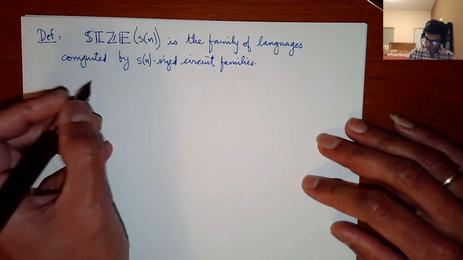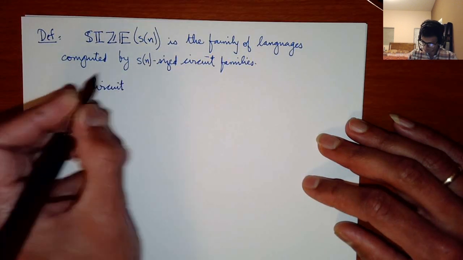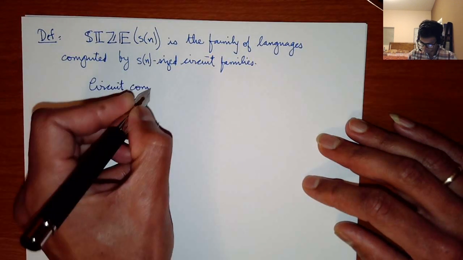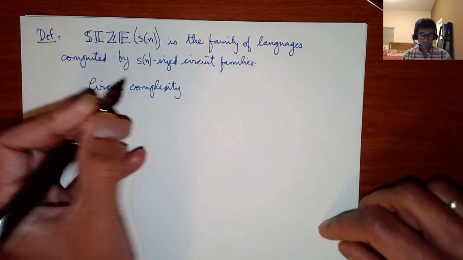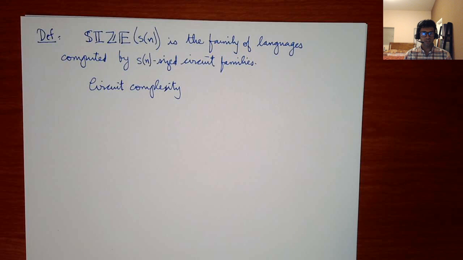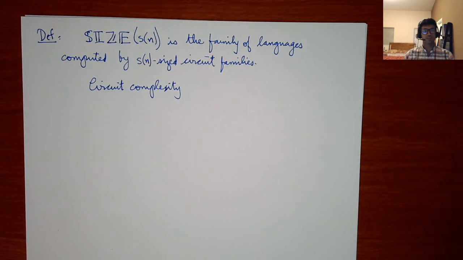And this is where it comes to circuit complexity. We talked about time complexity and space complexity as resources that are needed to compute or decide a particular language. Now we can talk about the circuit complexity, which is the circuit size required to compute a particular language.